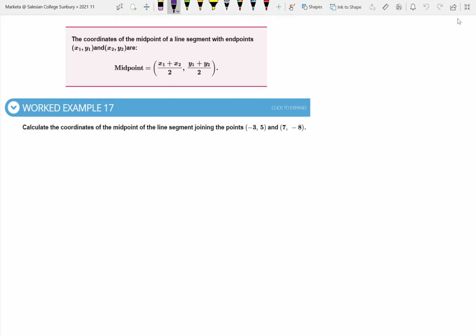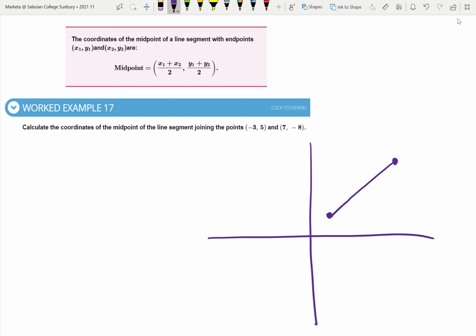And if you think about it, I'll just draw a little picture here. If you have a line segment that looks like this, and just say this is a 1 and a 3, and then this is a 5 and an 8, then you can see the x values are going from here to here.